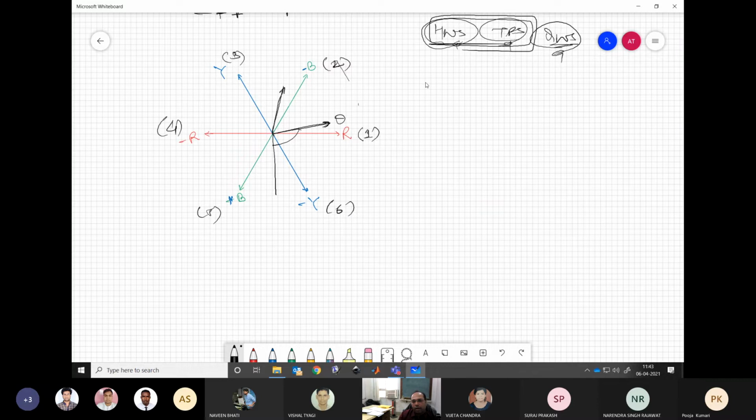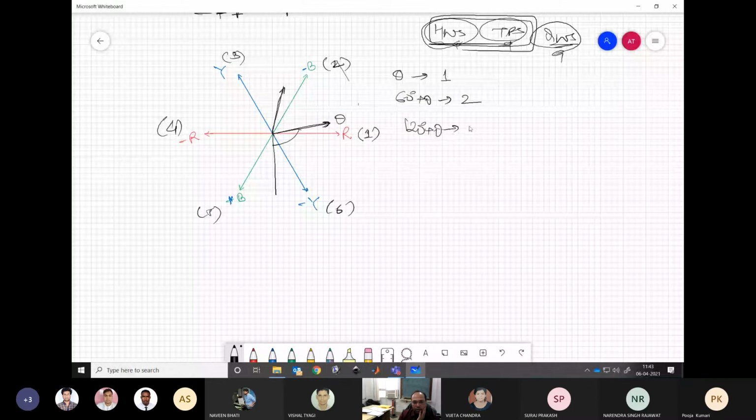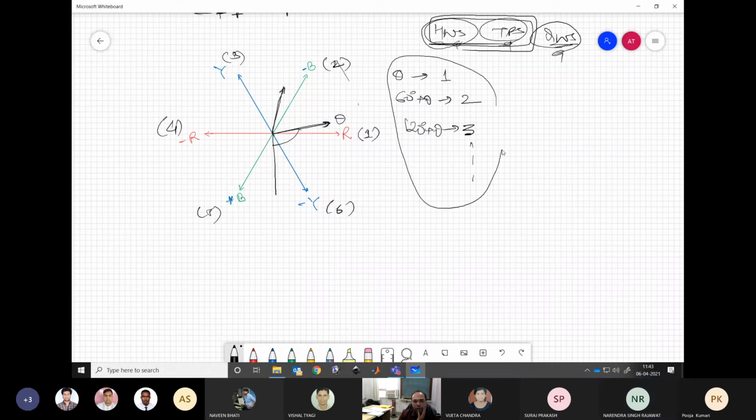So, for example, at theta, if we have applied 1, then at 60° plus theta, what we should have? 3. And so on. So are you getting this sequence?